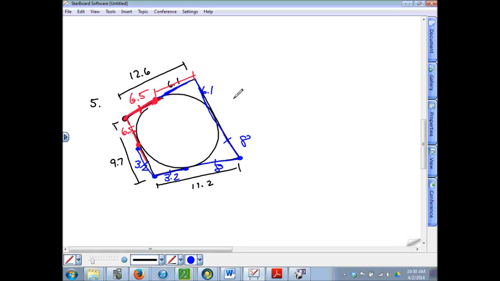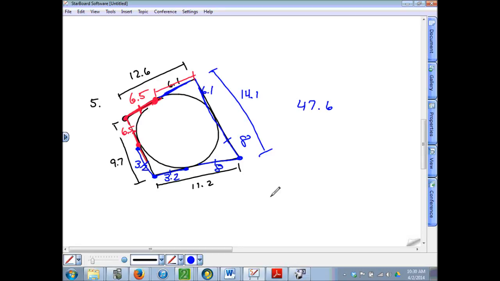That makes this whole thing 14.1. The perimeter is adding up all the sides. So now that we know all the sides, you add them all up. That's the perimeter. I got 47.9. 47.6. Everybody's getting 47.6, it sounds like.